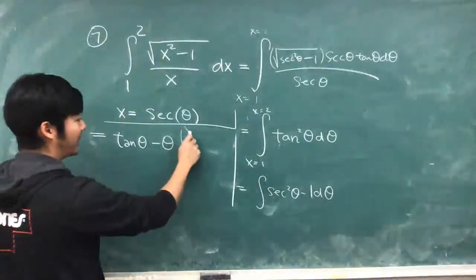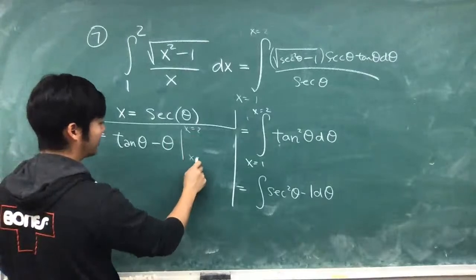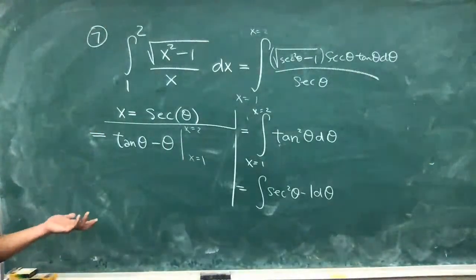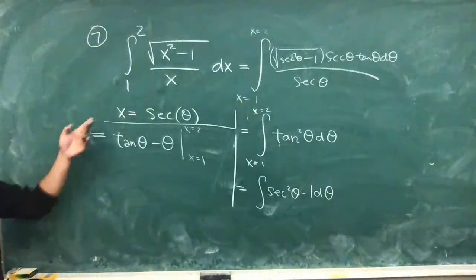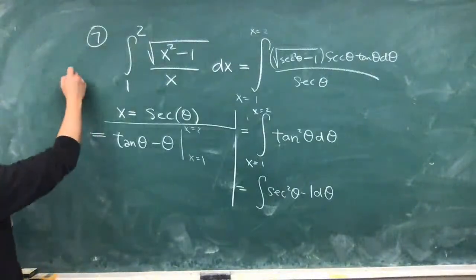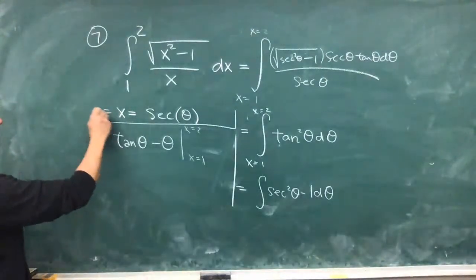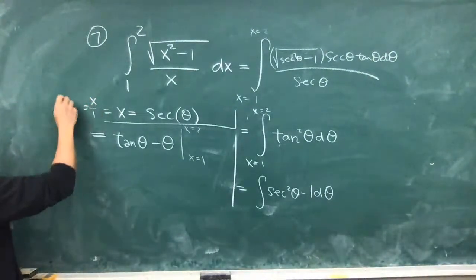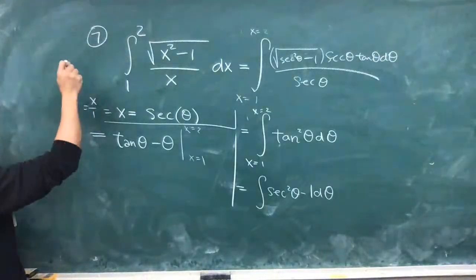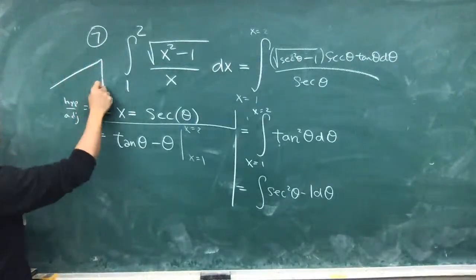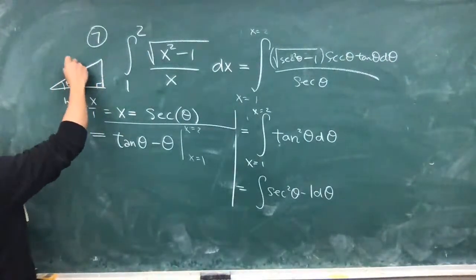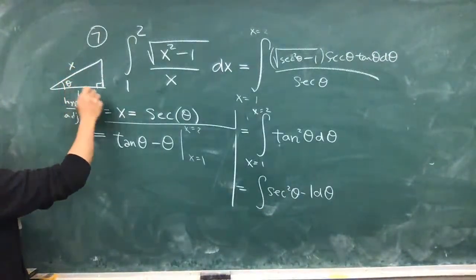And then we plug in x equals 2 and x equals 1, which means we have to convert it back into x. So secant theta is x over 1. Secant is hypotenuse over adjacent. So in our triangle, with theta, the hypotenuse is x and the adjacent side is 1.